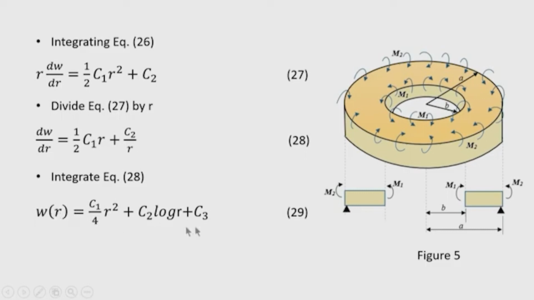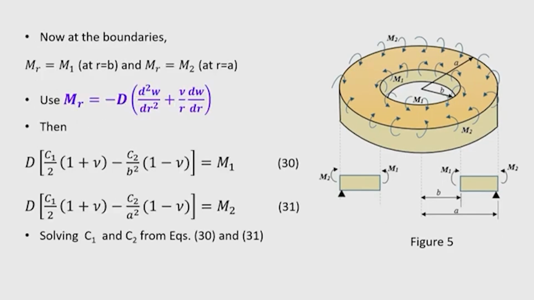So, we keep all the terms, C1 by 4 r square plus C2 log r plus C3, all of which are important to find the deflection of the plate through the boundary conditions. Okay. Now, at the boundaries we examine that the radial moment is M1 at r equal to b.